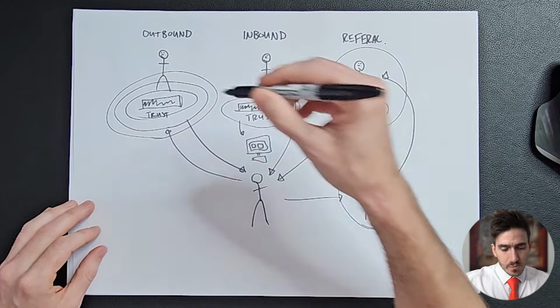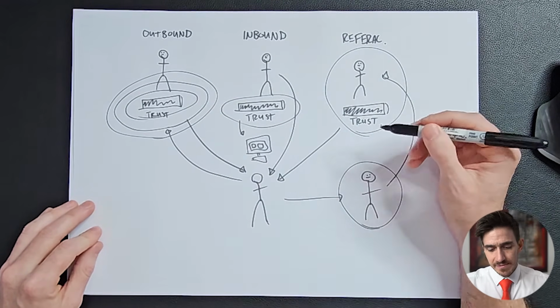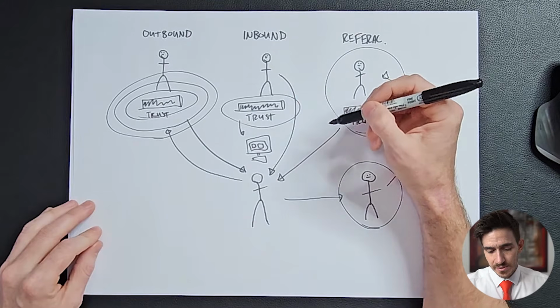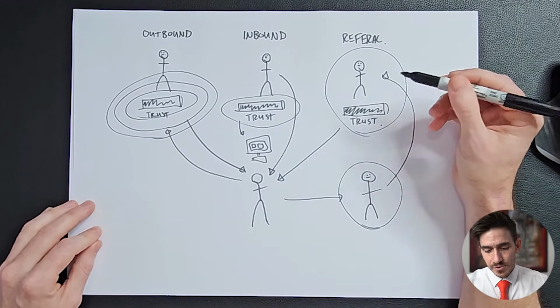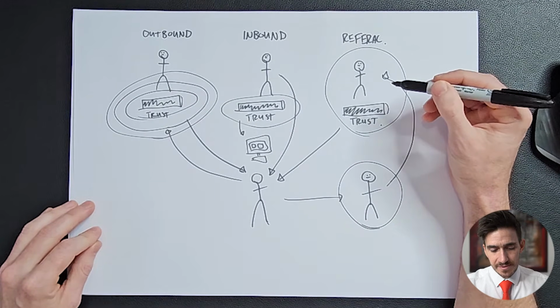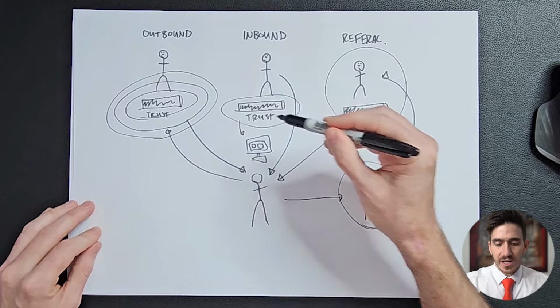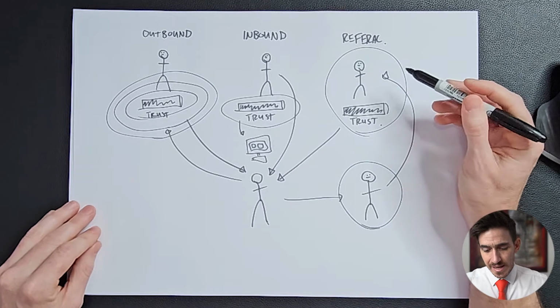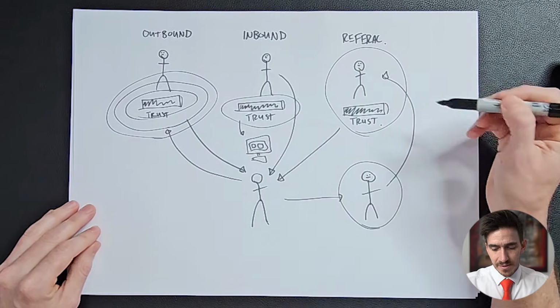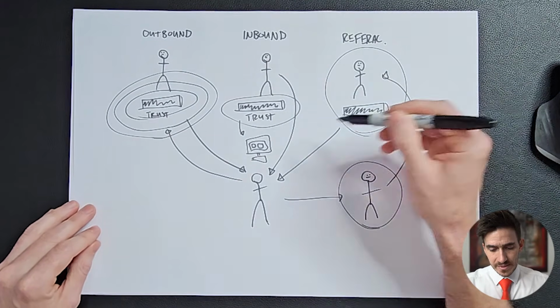So outbound is what we're going to be talking a lot about in this platform, in this program, but we'll also be touching on inbound and referrals and when you can go about using these different things. But these are just a very high level overview on the different types of lead generation, and you'll start to understand where the different strategies fall into with these different categories.